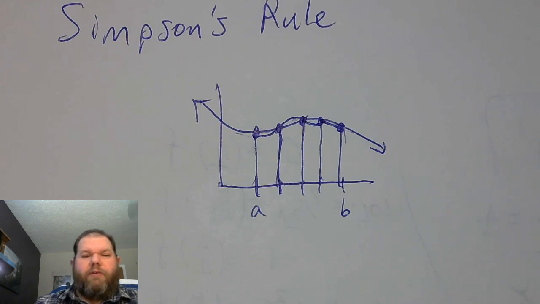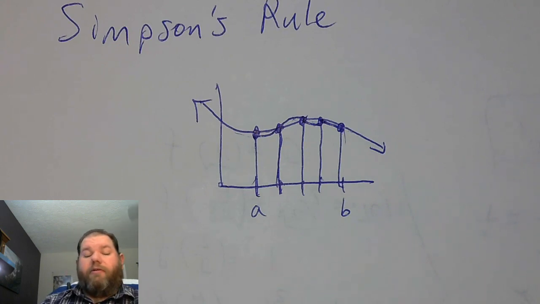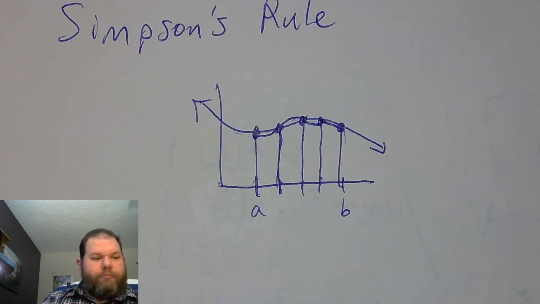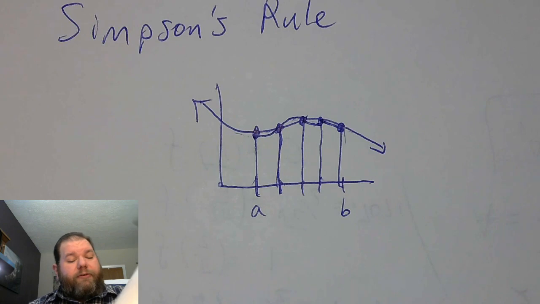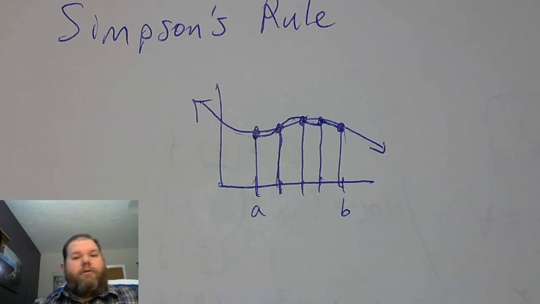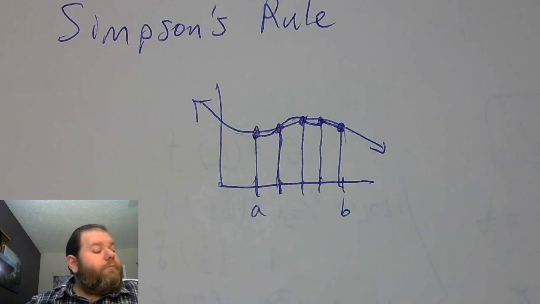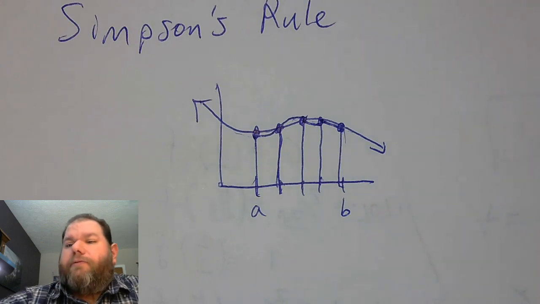Because most of the graphs that we're trying to find the area under will not have straight lines, by and large, or anything close to that. Sometimes the trapezoid rule gets closer by accident, which is always amusing, because it has excessive error above and below, and they kind of cancel out. Alright, but that's kind of the idea behind Simpson's rule.